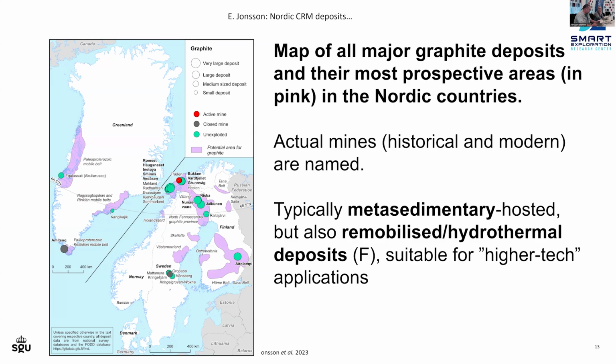We have a number of belts here, certainly on Greenland, but most distinctly, I would say, we have some extensive belts in Finland and Sweden and going over into Norway.